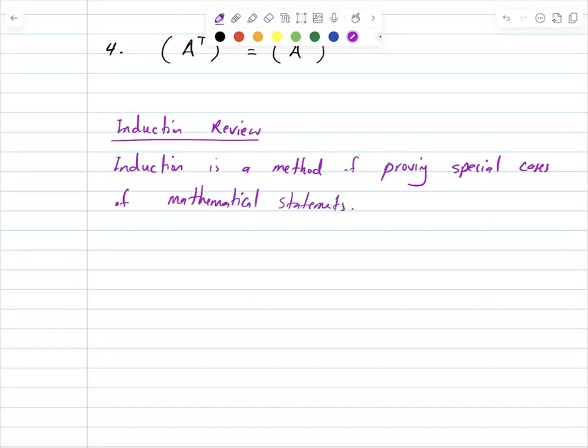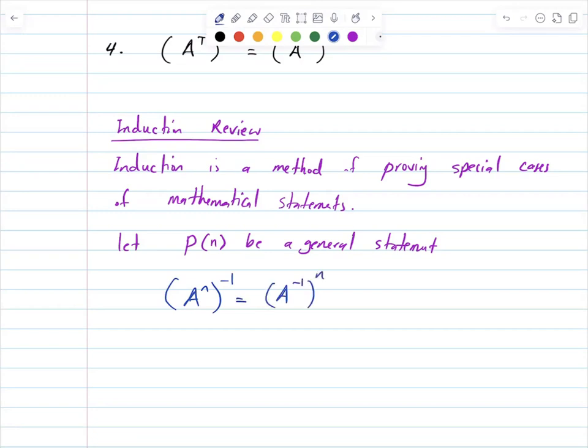So suppose you have a general statement. Let P of n be a general statement. In our case here, we can say that A to power n, inverse, is equal to A inverse to power n.